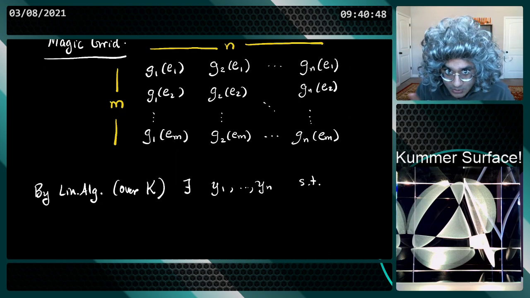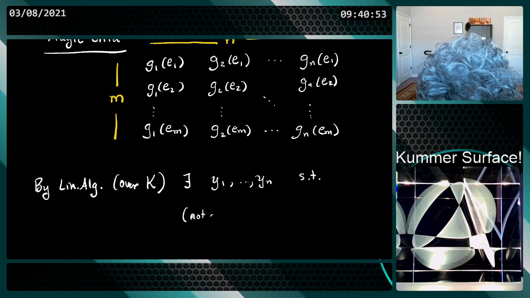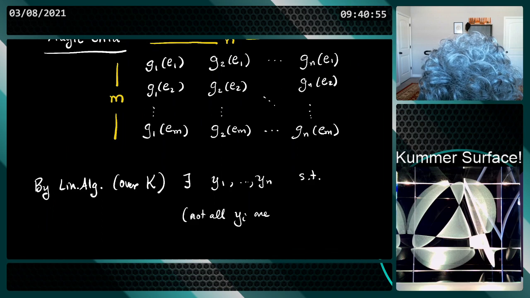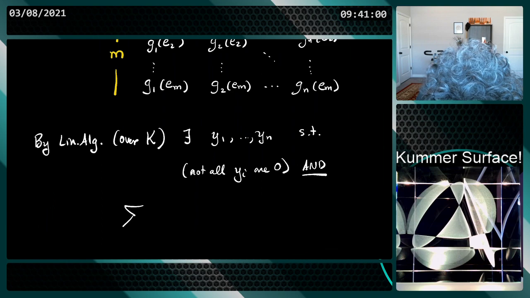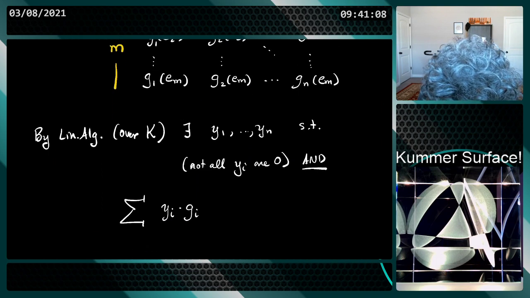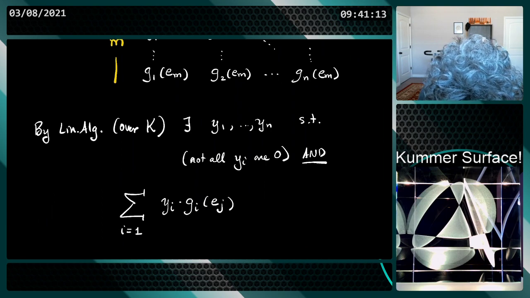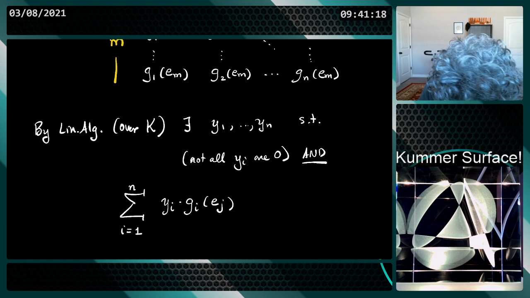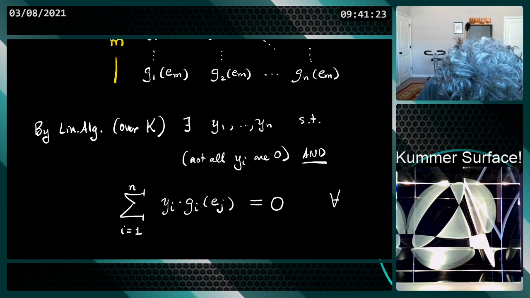But also these y1 up to yn are not all 0. And this sum, over i from 1 to n, of yi times gi of ej, equals 0 for all j's.